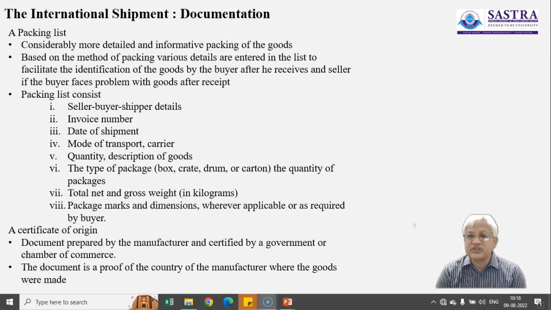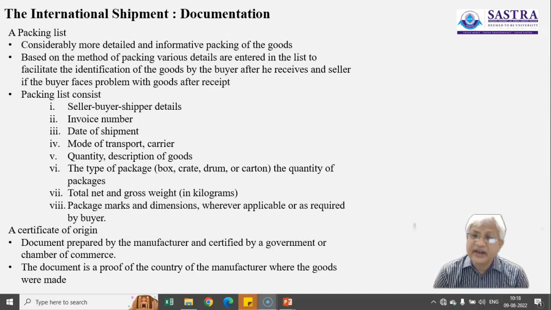But a packing list is required by the banks, it is required by the customs, and very important, it is required by the buyer. Because the packing list actually consists of details of how the goods, in what variety, in how much quantity, in each of the package units is being packed.